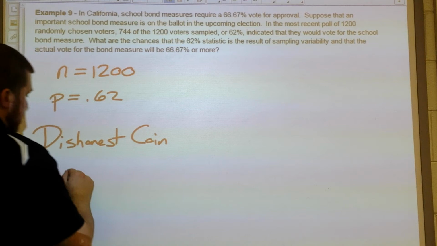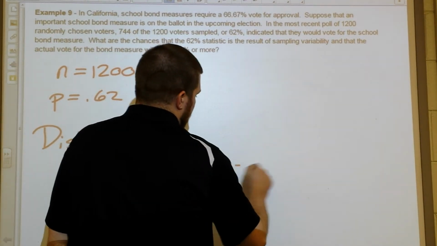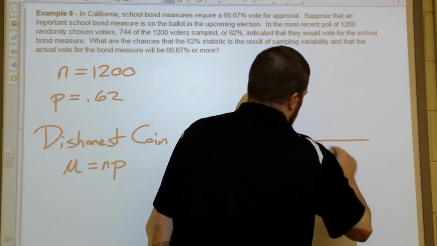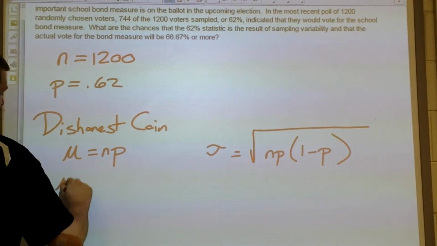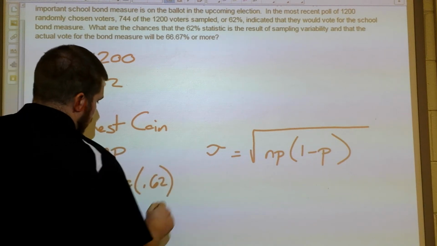So what that means is our average value is given by NP, and our standard deviation is given by the square root of NP times 1 minus P. Let's plug in what we know. So the average value is going to be 1,200 times 0.62.